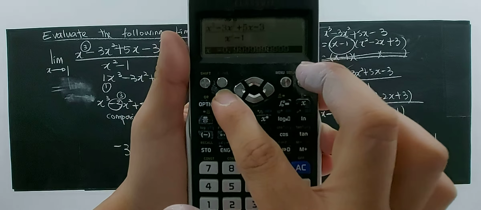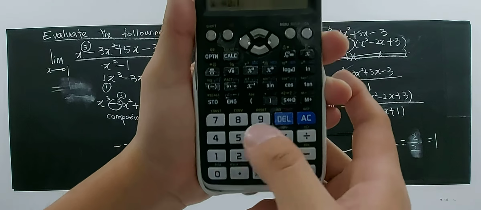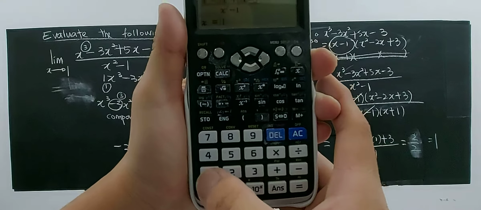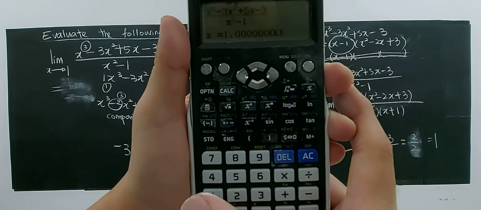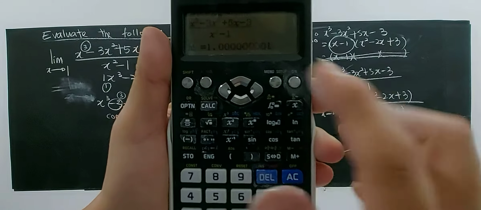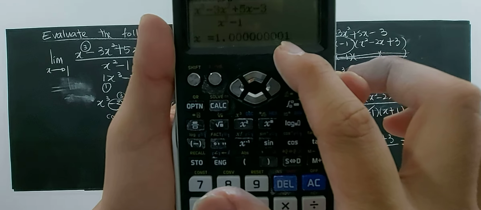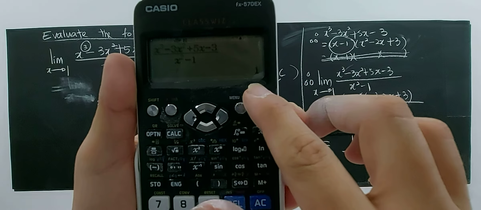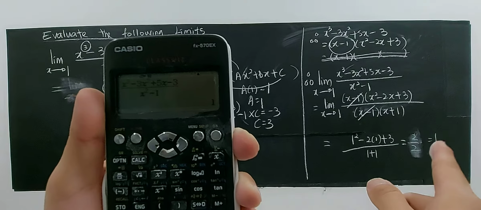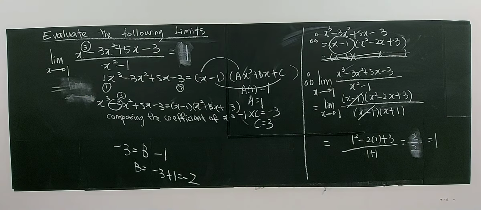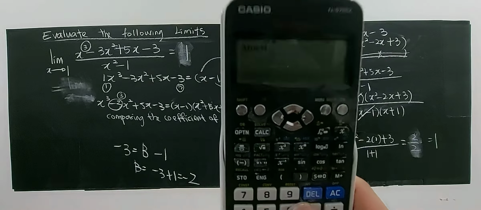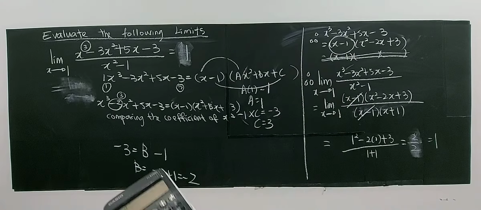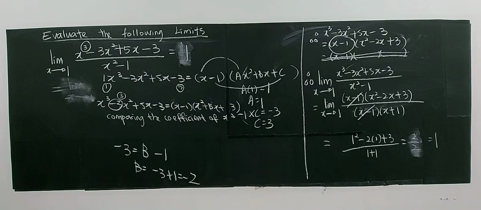I can also calculate 1.0001. Okay, try to think, 1.0001 is very near to 1, right? You press equal. Now you are getting the answer 1 also. Exactly the same. So you can use this calculator to evaluate limits.